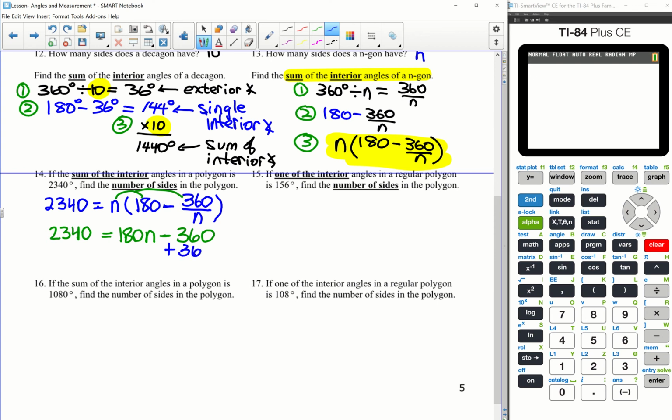It's a linear equation, so nothing too fancy. We just have to add 2340 and 360. That's going to be 2700, equal to 180n.